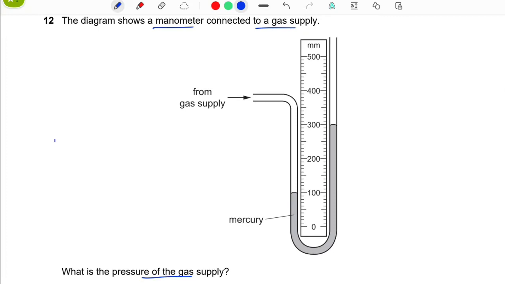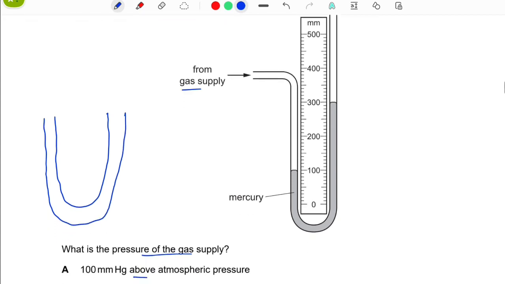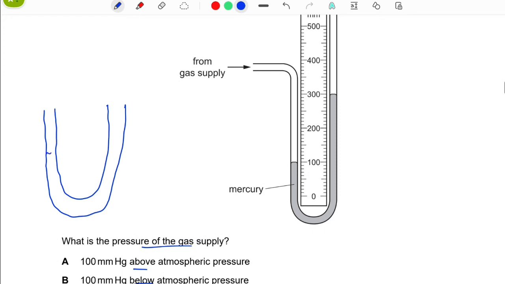So now let's consider this as the manometer, and now we aren't applying any gas supply or any sort of pressure. So it is under standard pressure, which is atmospheric pressure. From both sides atmospheric pressure is being applied, so it will be on the same level. Let me draw the scale as well.